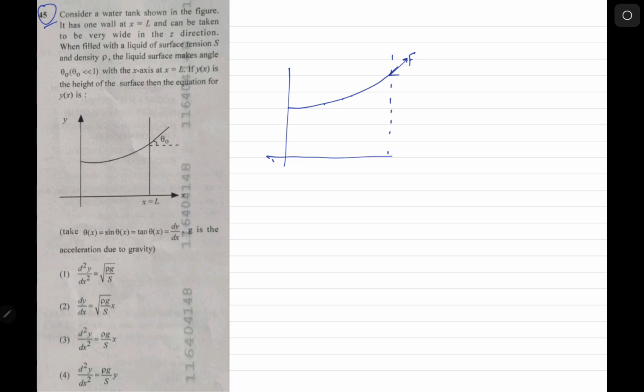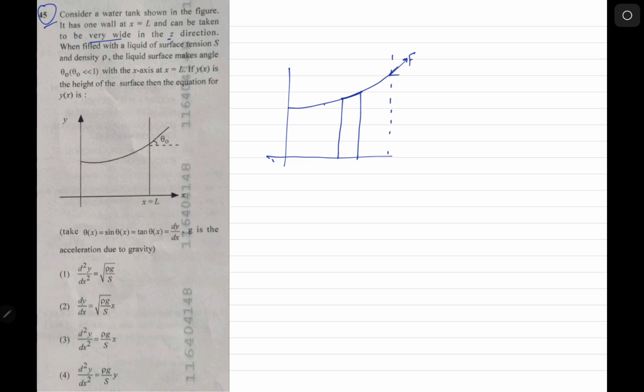So what I'll do here is take an element on this surface. This is the element. And it says that the length of this container in the z direction is very long. So that also we have to take into consideration.